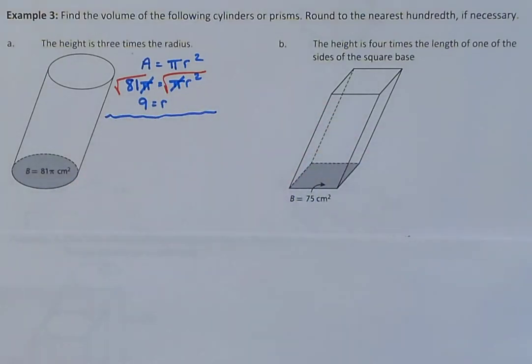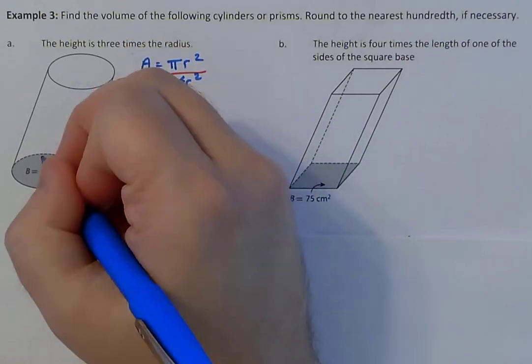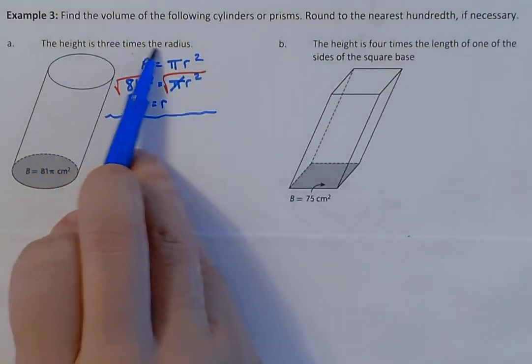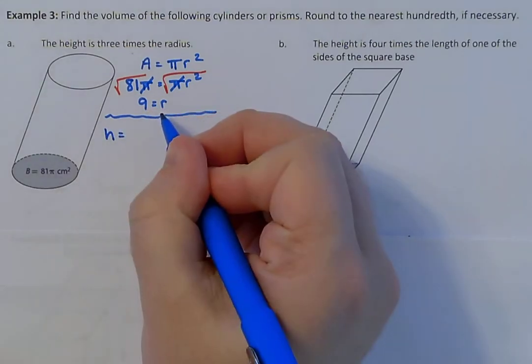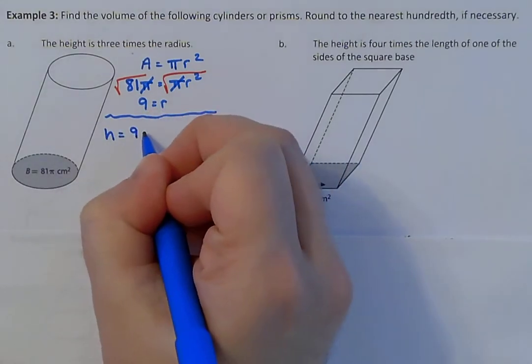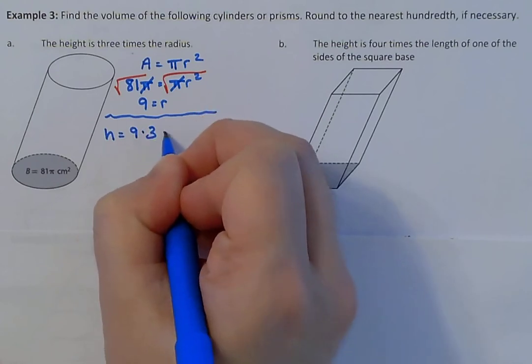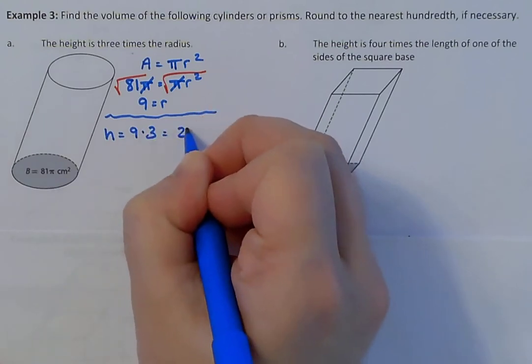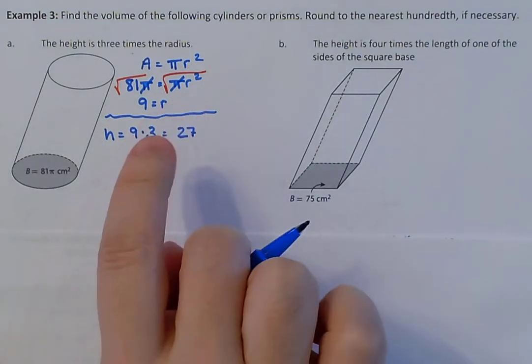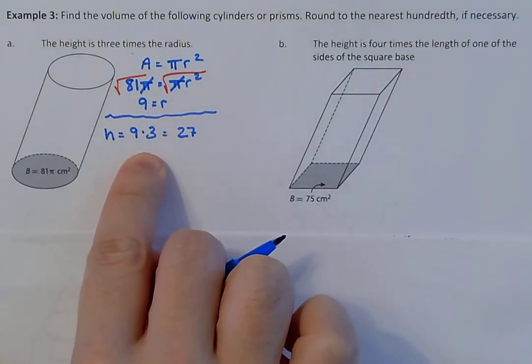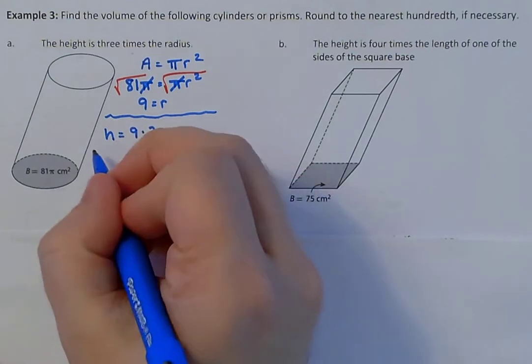And that's part 1. Now that I know our radius is 9, we can figure out the height of this cylinder, because the height is 3 times the radius. 9 times 3 gives us 27. So I now know the height of our cylinder.